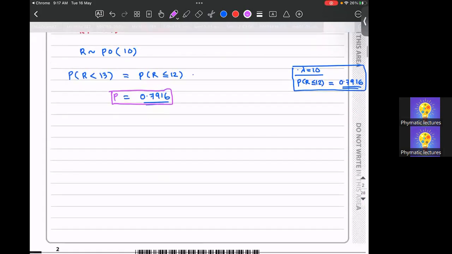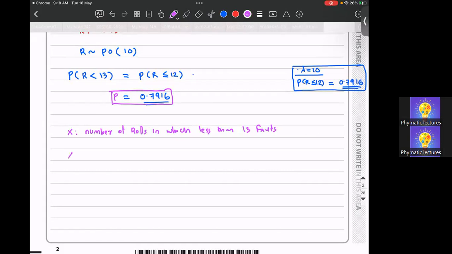Now we will define a random variable X. X is the number of rolls in which there are less than 13 folds.